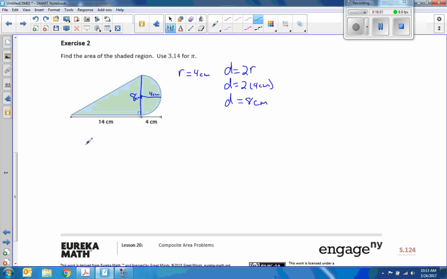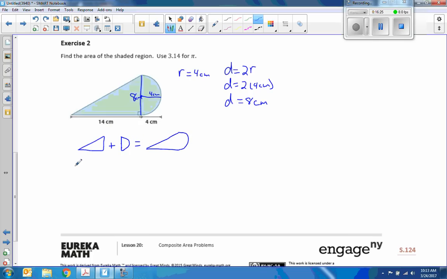So we're going to take the area of a triangle plus the area of a semicircle, and it's going to equal the area of our shape that we have here, which is this. So this plus the semicircle equals the total area.